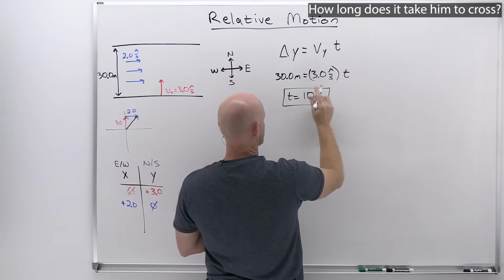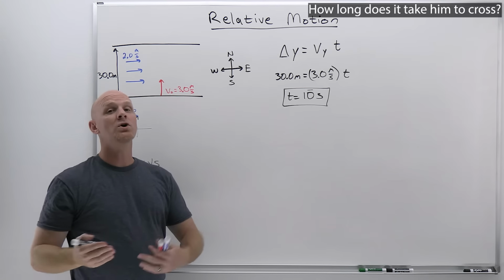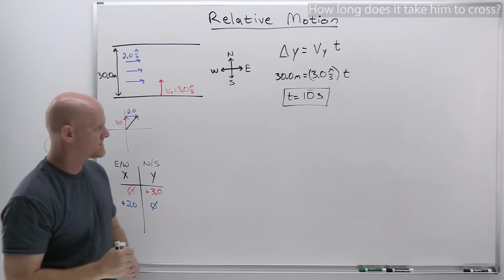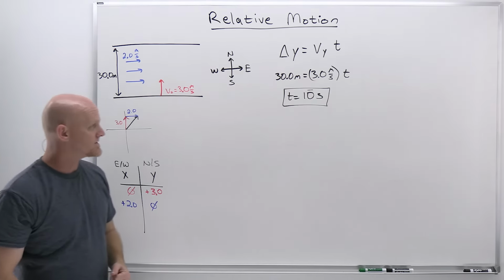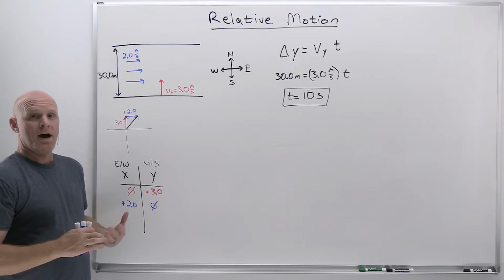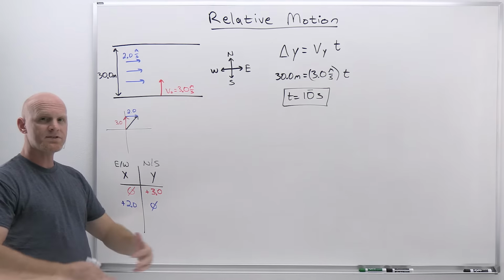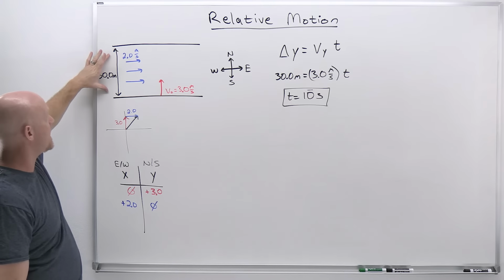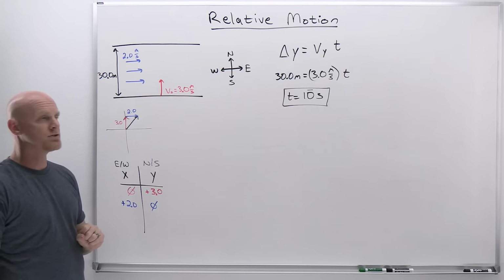Technically, I need 2 sig figs, so I'm going to put a bar over that. I could also write it as 1.0 times 10 to the first seconds. Based on the numbers we were given, I need 2 sig figs in my answer. But 10 seconds, not so bad. So just like we've been doing, we can treat the x dimension and the y dimension completely separately. We needed just the y displacement and just the y component of the velocity to do that.